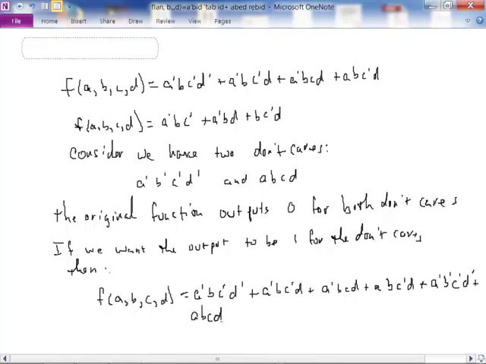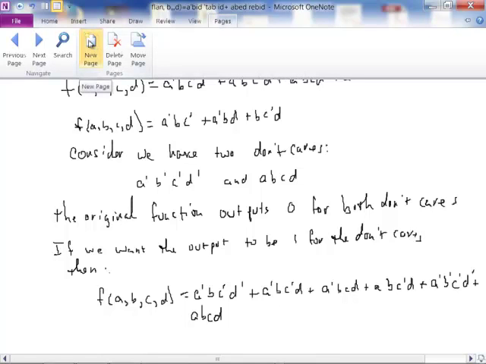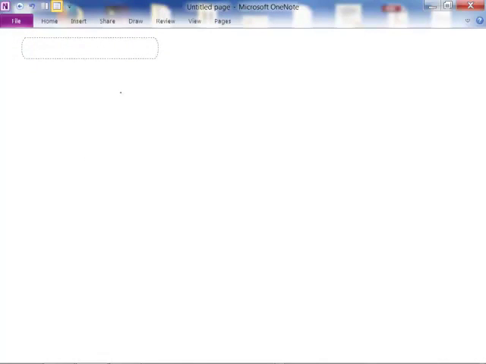And this expression can be simplified actually with only 5 literals.